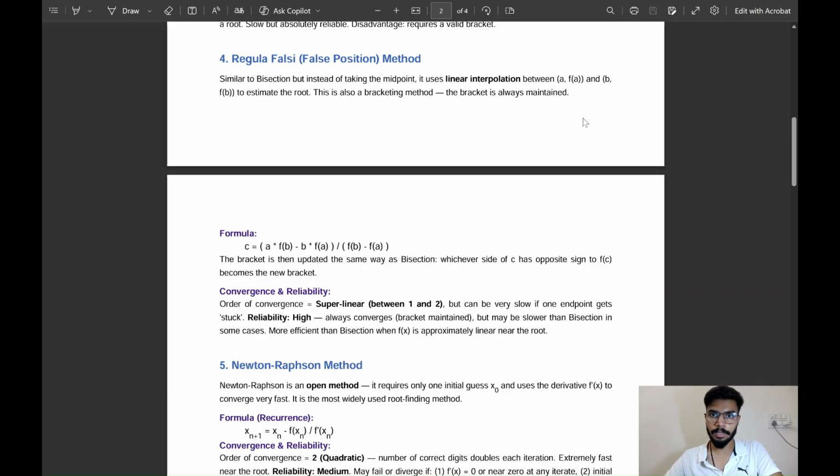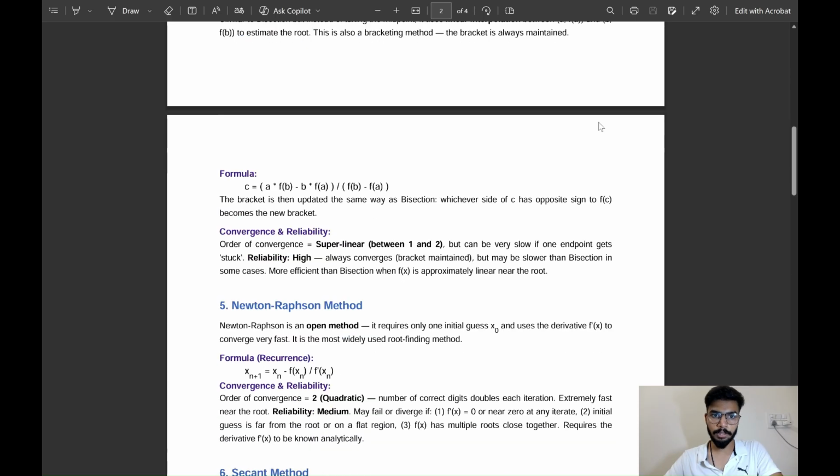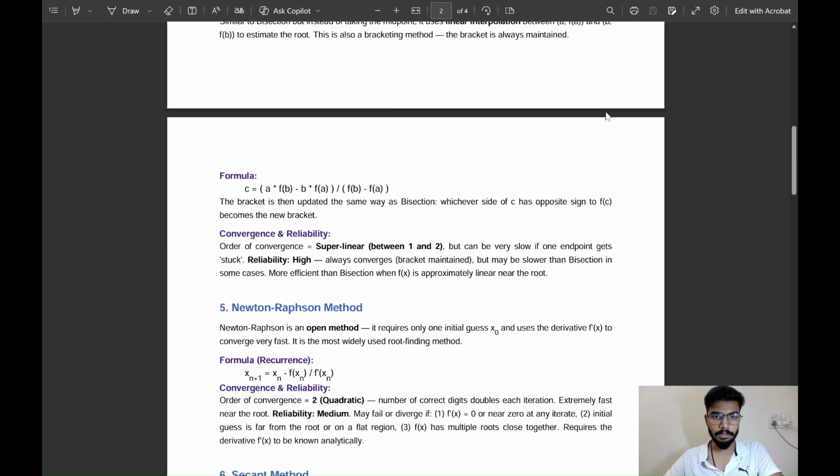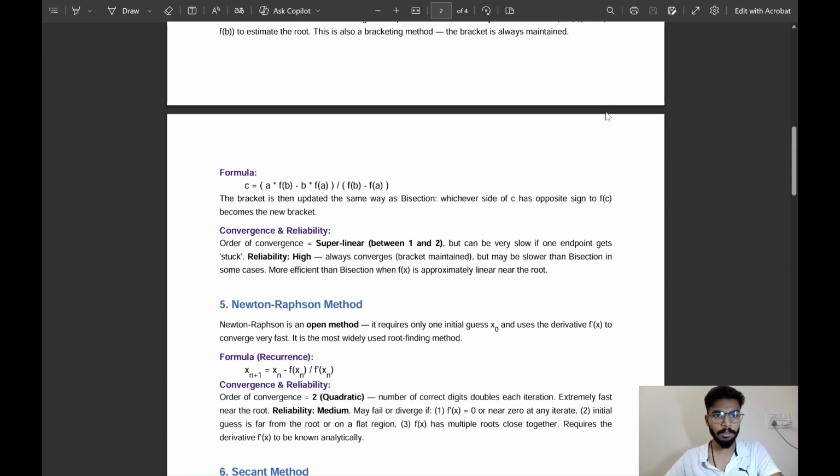This is also a bracketing method, and the bracket is always maintained. The formula is c = (a f(b) - b f(a)) / (f(b) - f(a)). The bracket is updated the same way as bisection: whichever side has the sign opposite to f(c) becomes the new bracket.